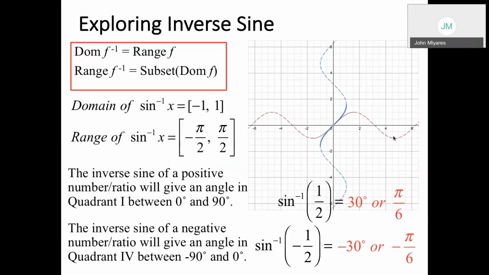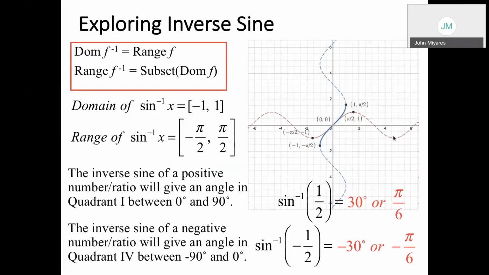So all these parts of the graph that I've marked here with dashes have essentially been removed, so the only parts being considered are those with solid lines. Here I've plotted some points on each graph, and you can see the relationship between them as the x and y coordinates are being reversed.